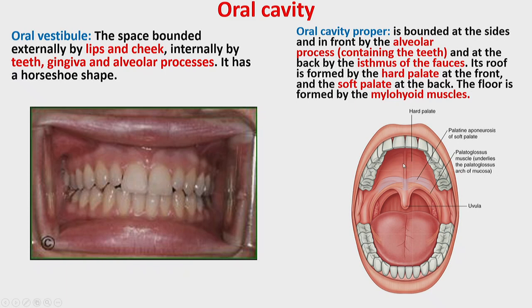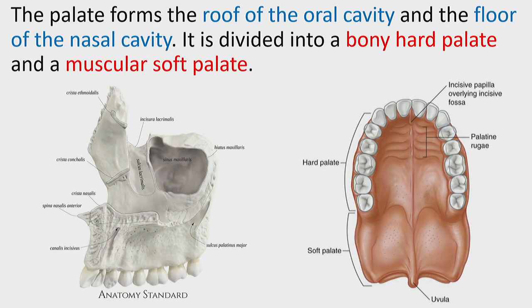And the roof, which is our topic, is made by the hard palate in front and the soft palate in the back. Here is hard and here is soft. The floor is formed by a very important muscle, the mylohyoid muscle. We are going to discuss the mylohyoid muscles next week.